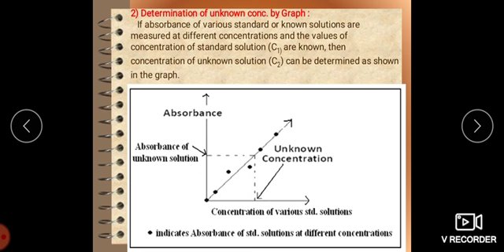Okay, we can get the graph here, and we can determine the concentration of the unknown solution by knowing its absorbance. We can get the concentration of the unknown solution like this.